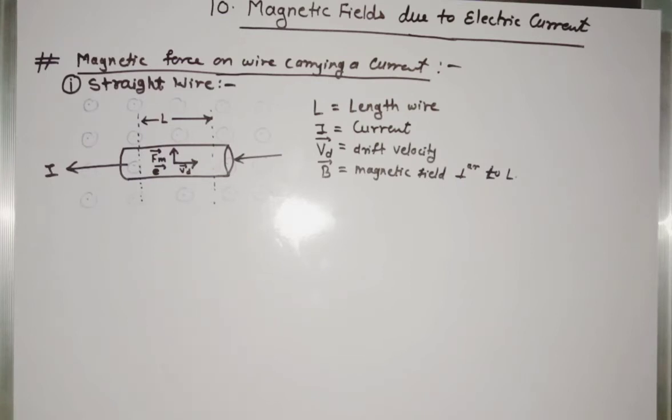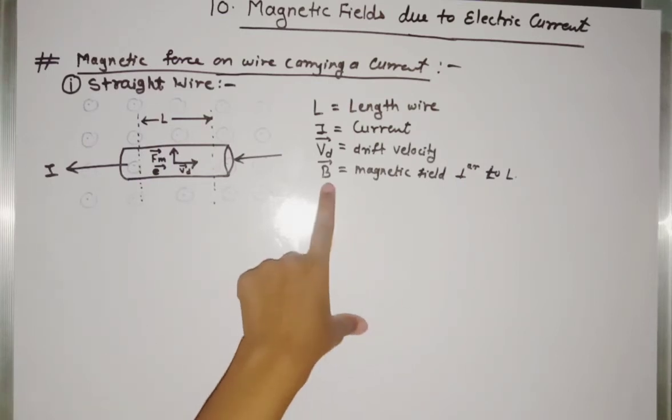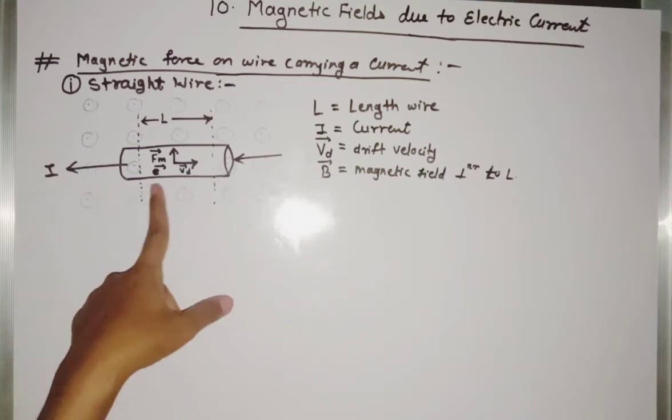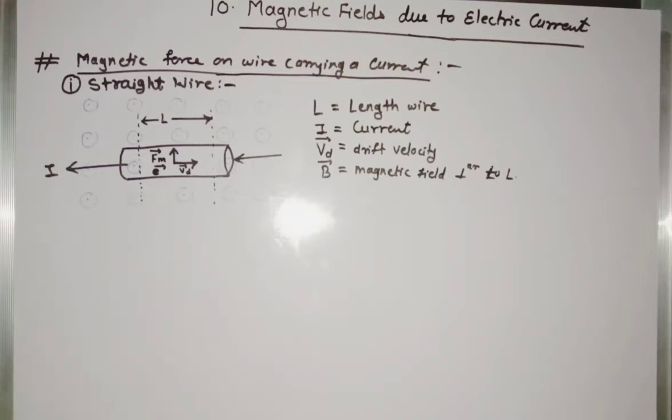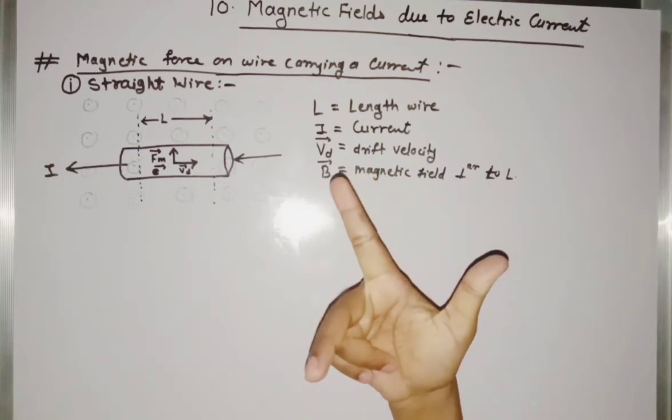Now we know B is the magnetic field, and the direction of current flow I we have known with respect to the diagram. Now we will try to find the force. We will apply the right hand rule. As you know, we consider 3 fingers.